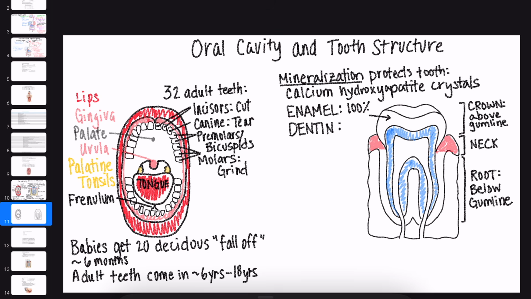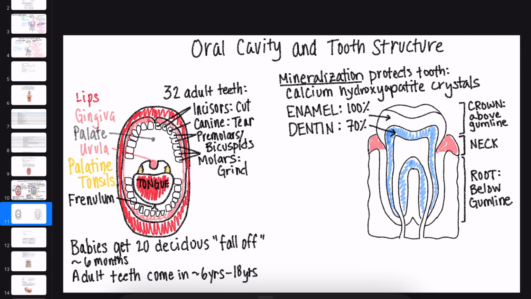And that's going to be about 70% mineralized. So do you see that it's softer than enamel, but still a hard tissue that helps to protect us? And then the other parts that aren't calcium hydroxyapatite would be proteins and things like that.